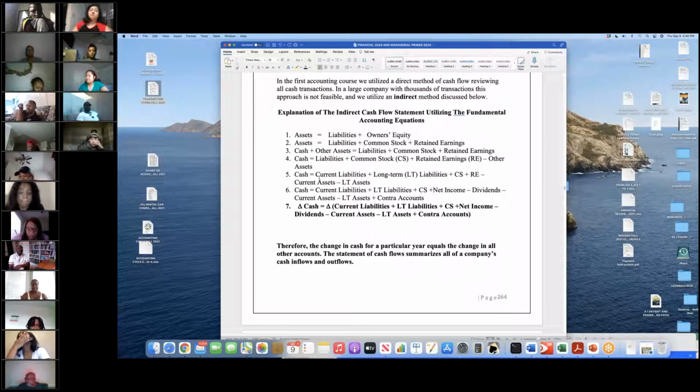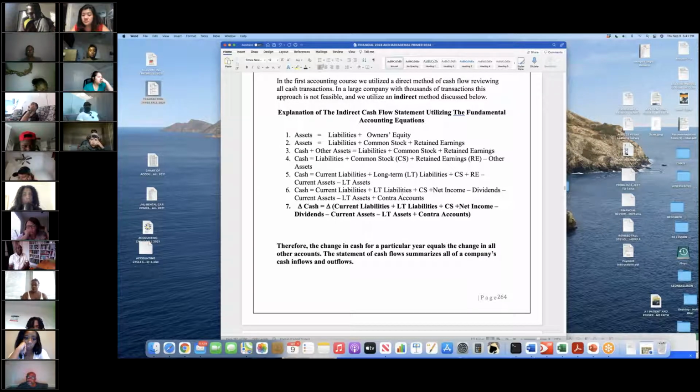Then we separate the liabilities into current liabilities and long-term liabilities, common stock, retained earnings, current assets, and long-term assets. Then we do the next to final equation, where cash, same thing, is going to equal current liabilities plus long-term liabilities plus common stock plus net income minus dividends minus current assets minus long-term assets plus contra accounts.